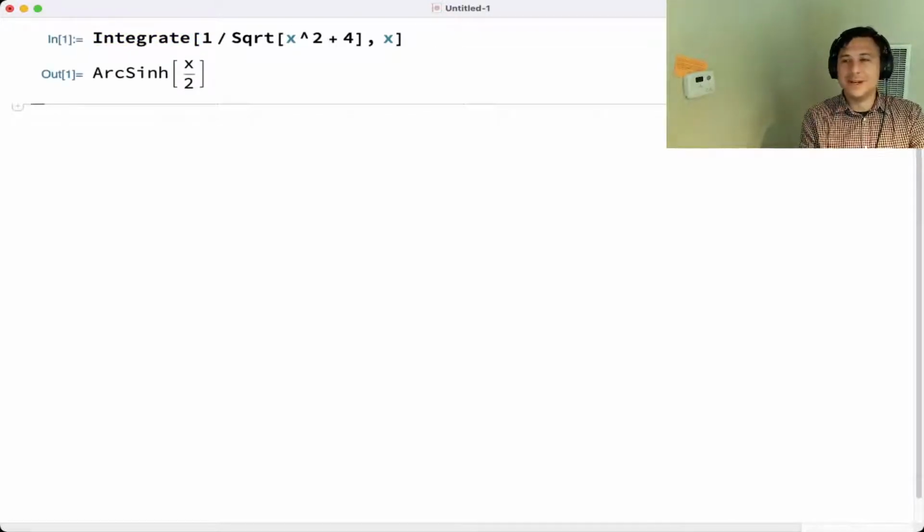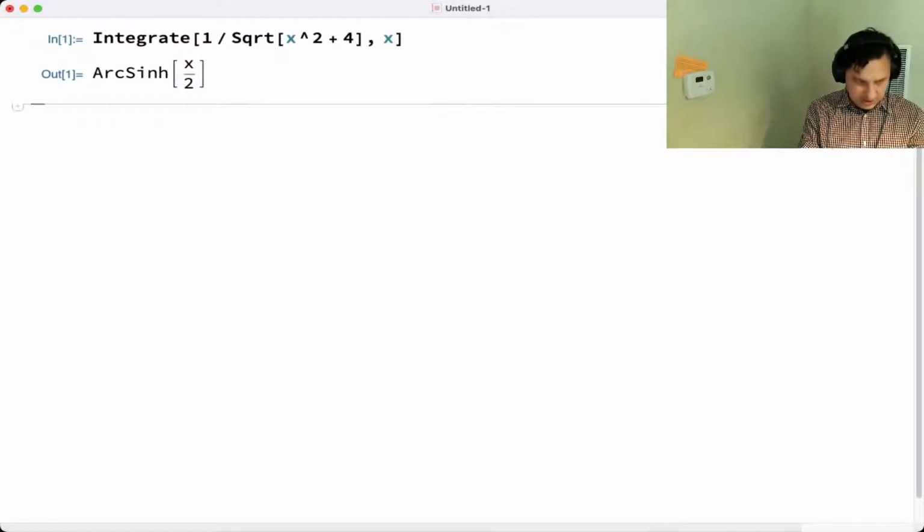And boom, look what it gives you. It's like, guess what the antiderivative of that is? It's the inverse hyperbolic sine of x over 2. Bam! So you can use this to check your work always when you're finding antiderivatives.